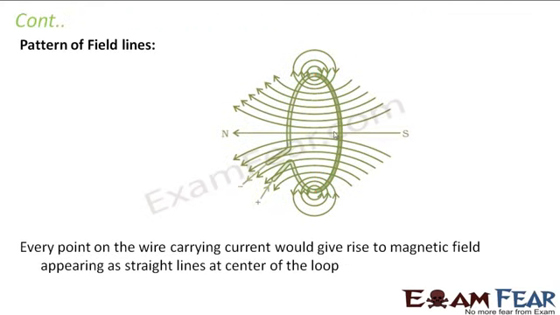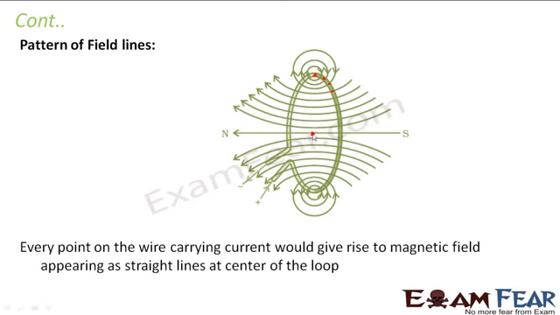Now let us look at the pattern of the field lines. As I already discussed, the magnetic field will appear as straight lines at the center of the circular loop. So that means the net magnetic field. Right, now I am talking about the net magnetic field, because every point will give rise to a similar kind of magnetic field lines.